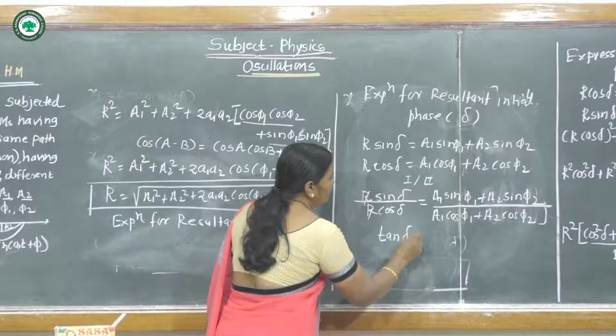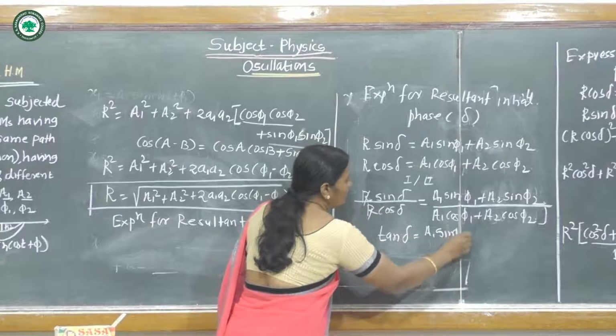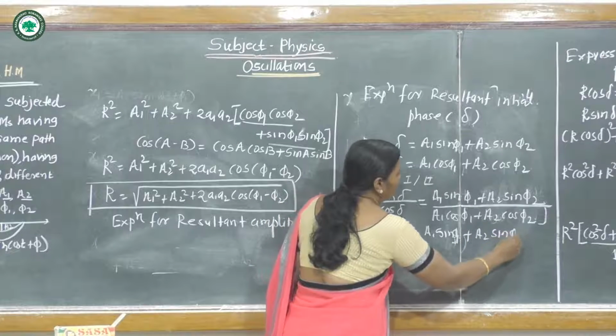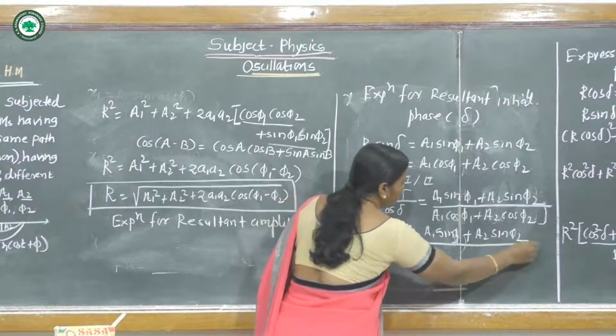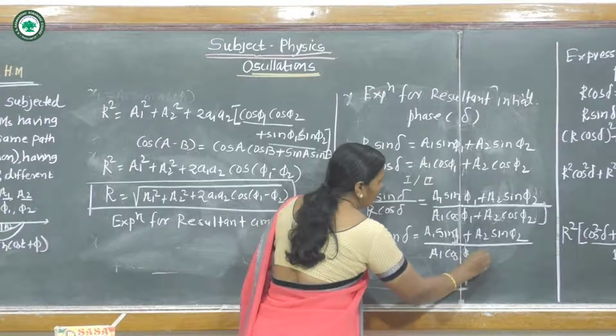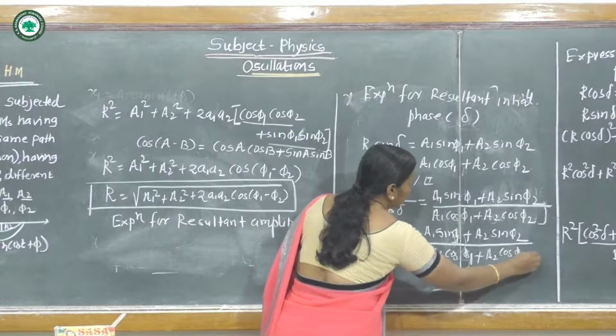It is tan delta is equal to A1 sin phi 1 plus A2 sin phi 2 divided by A1 cos phi 1 plus A2 cos phi 2.